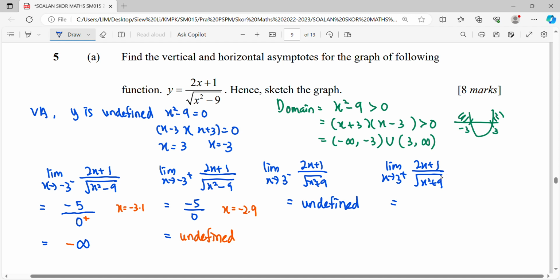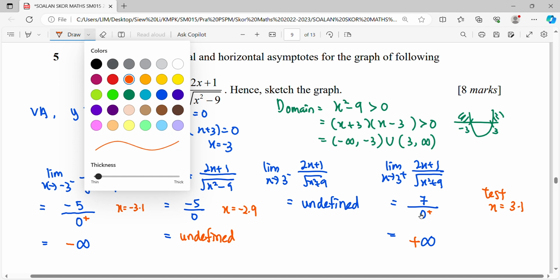Once we substitute this, we get 7 over 0. Then we go into a test value, x equals 3.1. You'll notice that it gives us positive 0.something. So the whole fraction, positive over positive, gives positive infinity.